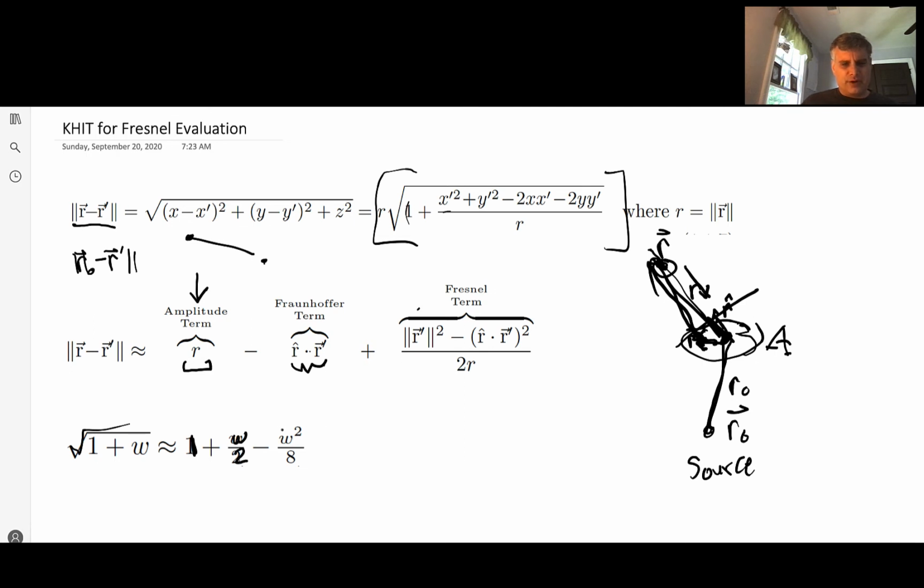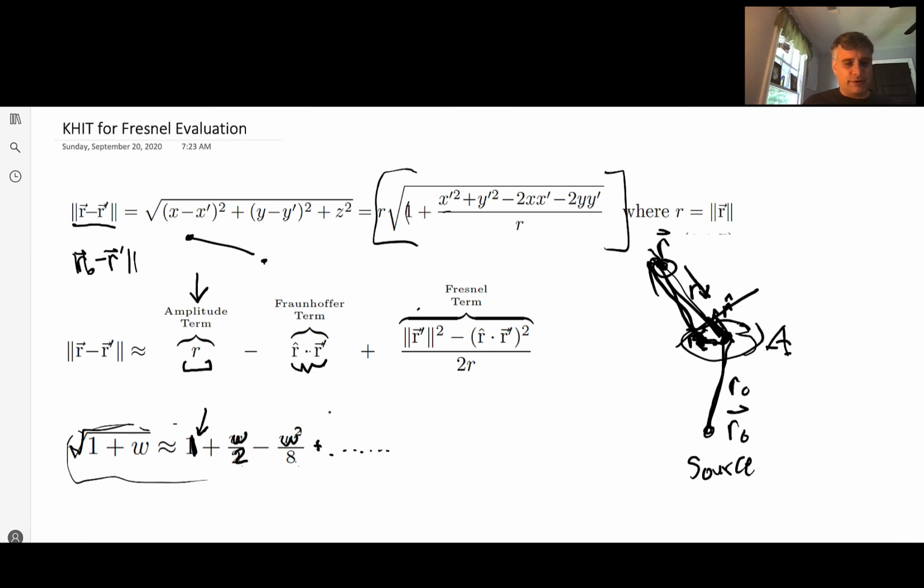And you can think of the Fresnel term as simply the w squared over 8 follow-up correction factor for this. That doesn't mean that there aren't other terms that I could add in to make this even more precise. But generally, when I'm very far from the antenna and just looking at amplitudes, that's what I need.